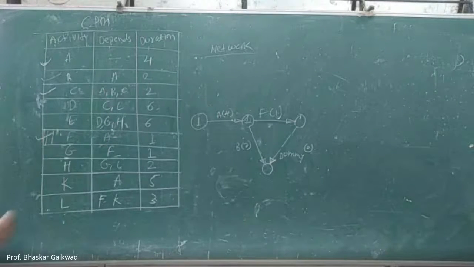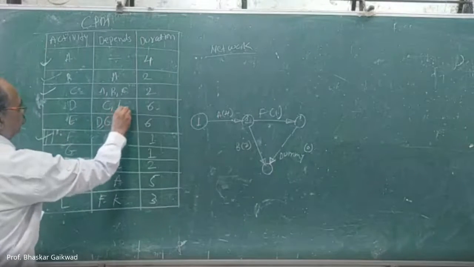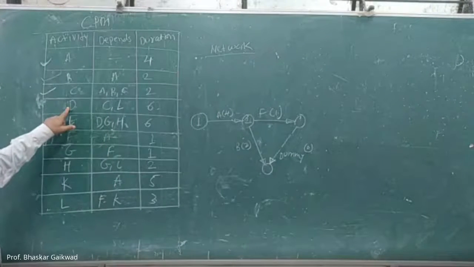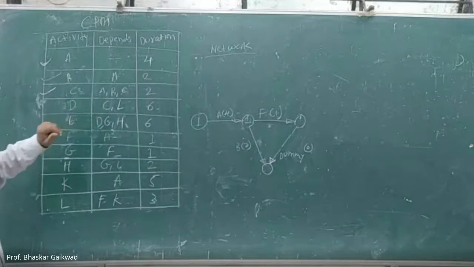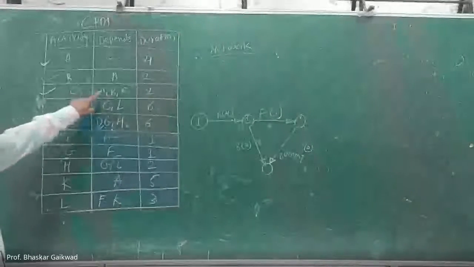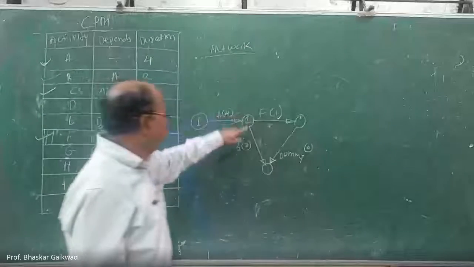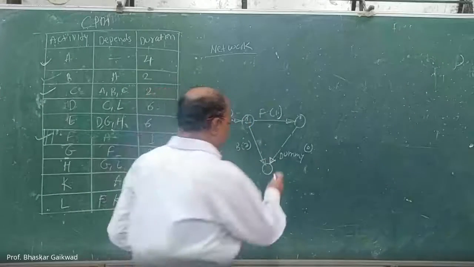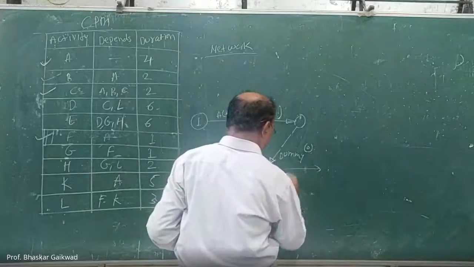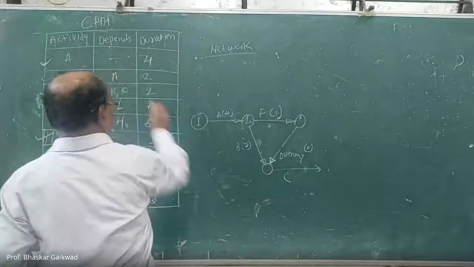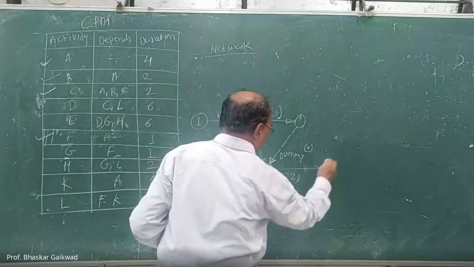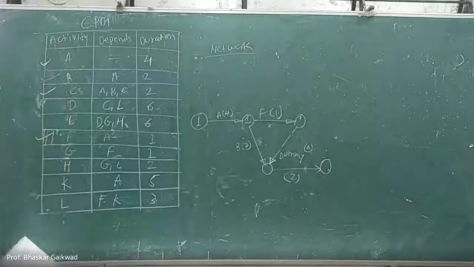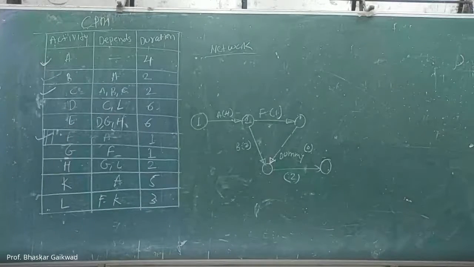D will start from C and L. But C starts from A, B, F. Here B is here, F is there, as well as A is there. So C will start here. So this is your C. C duration is 2, and here the C will be there. Correct.